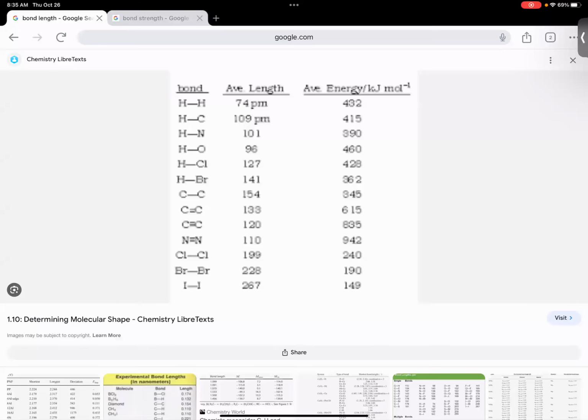And also here you can see nitrogen is a slightly smaller atom than carbon. So even though these are both the same type of bonds, they are both triple bonds. Because nitrogen is a slightly smaller atom than carbon is, its length is shorter and its strength is greater.